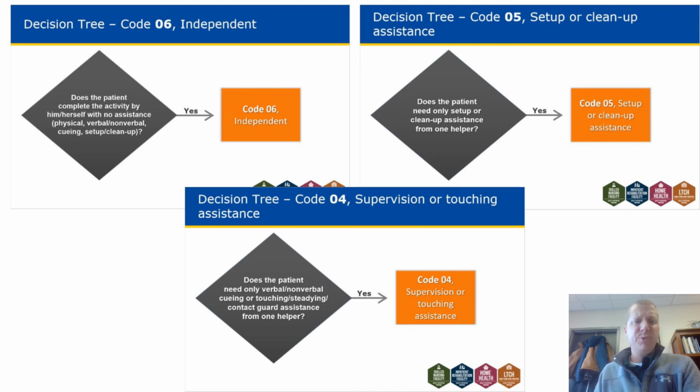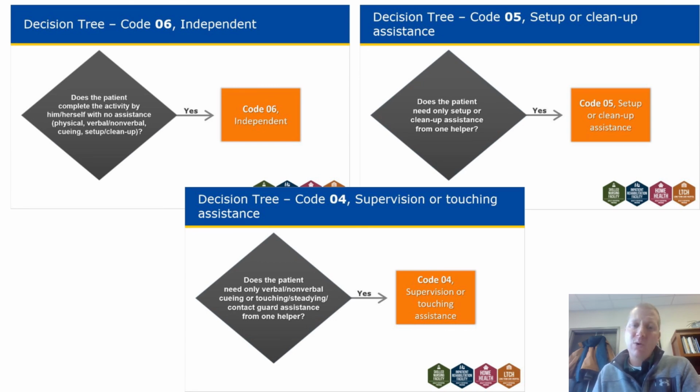So you would go through each one and ask yourself these questions. Does the patient complete the activity by him or herself with no assistance, meaning no physical assistance, no verbal or nonverbal cueing, and doesn't require help for setup or cleanup? And so if you can say yes to that, you would score them as 6, independent.